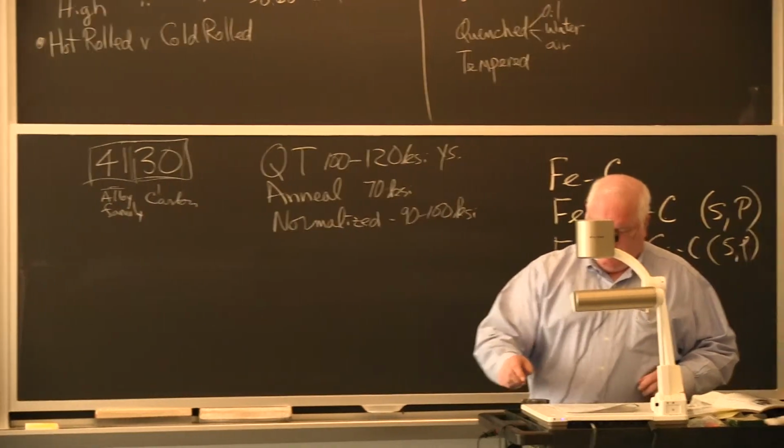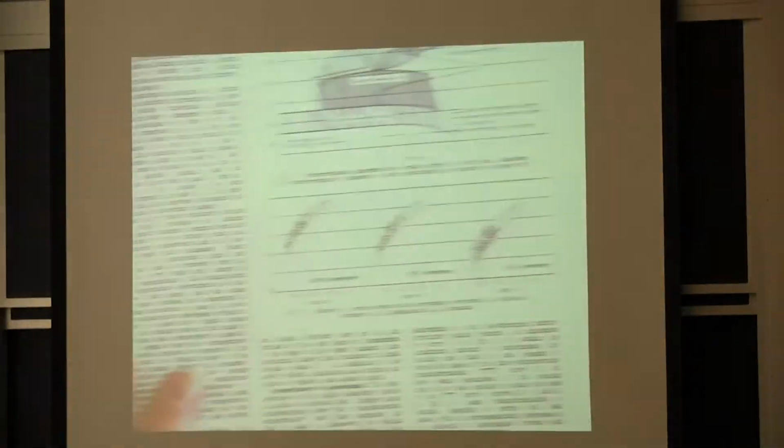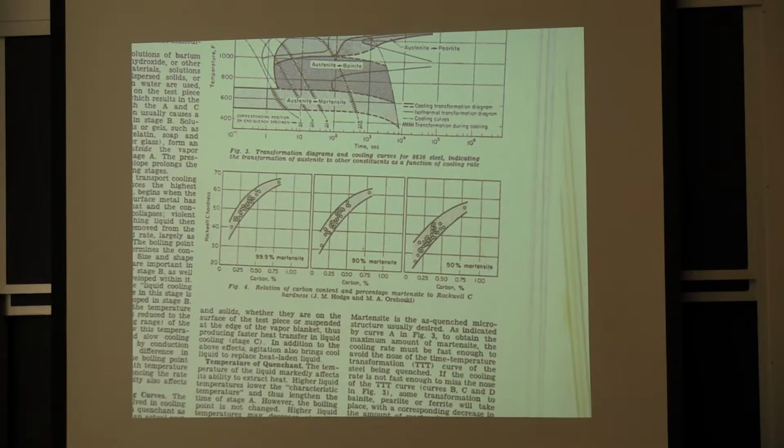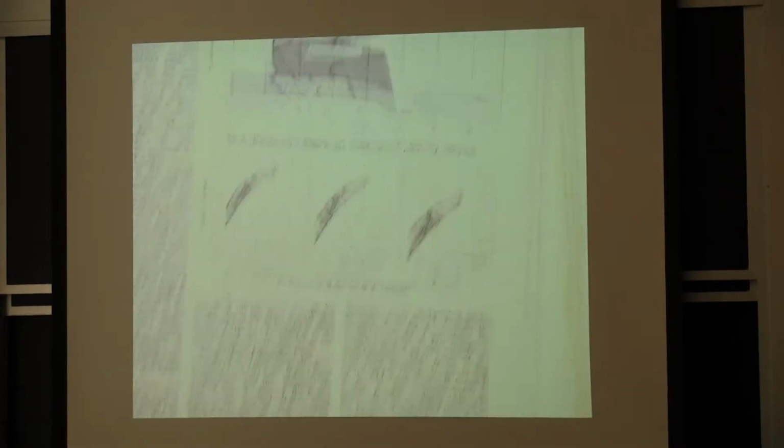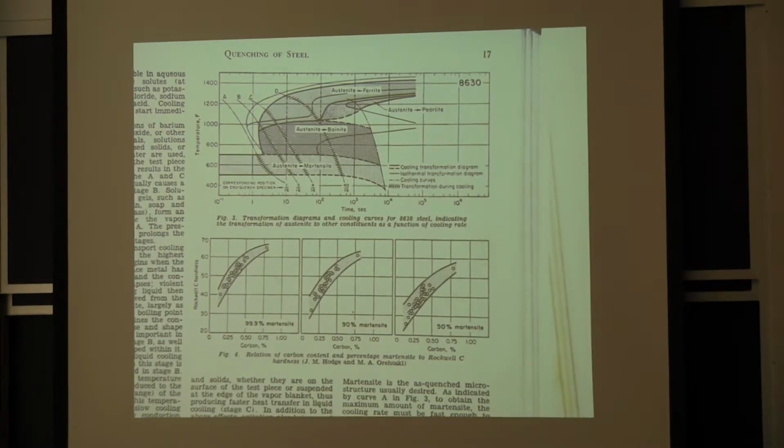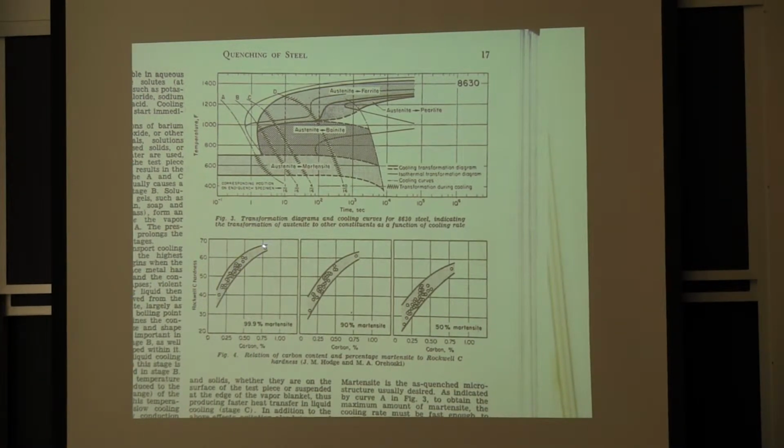So here's my transformation diagram in this Metals Handbook article. Here are my function of carbon for 99% martensite, 90% and 50% martensite. If I cool it down as a function of carbon, these are the cooling curves for the austenite-ferrite, austenite-bainite, austenite-martensite.